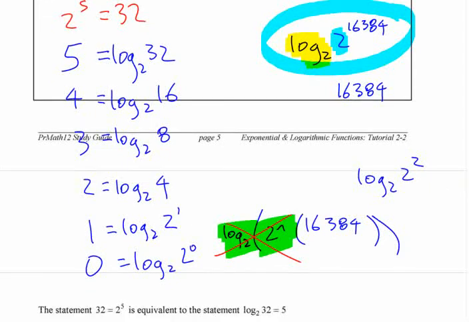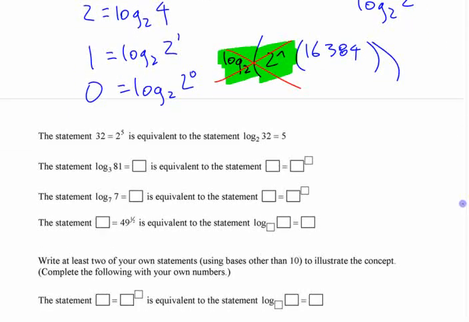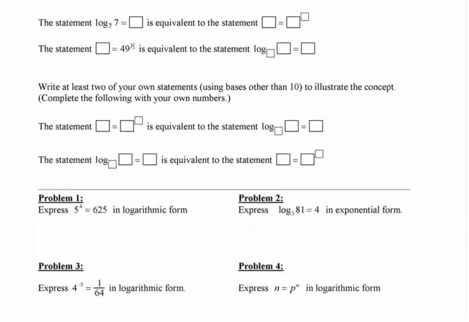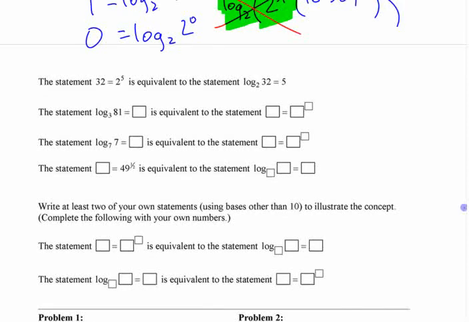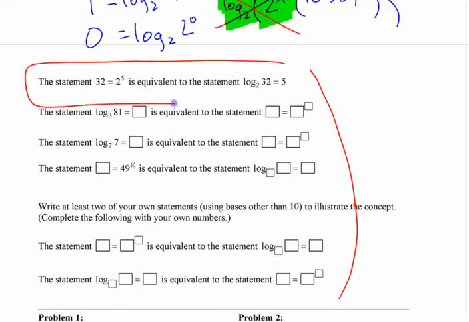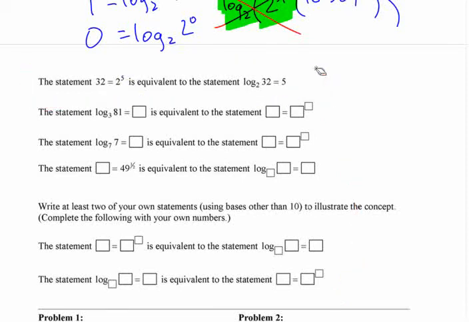All right? This is a lot to digest at first. There's a whole bunch of questions after this that are going to help you understand these things. I want you to work on them. Try filling out these statements. I gave you one where I did the easy one for you because we've already done it and it's easy numbers. I gave you one where you can think about what's the log base 3 of 81, what's the log base 7 of 7.